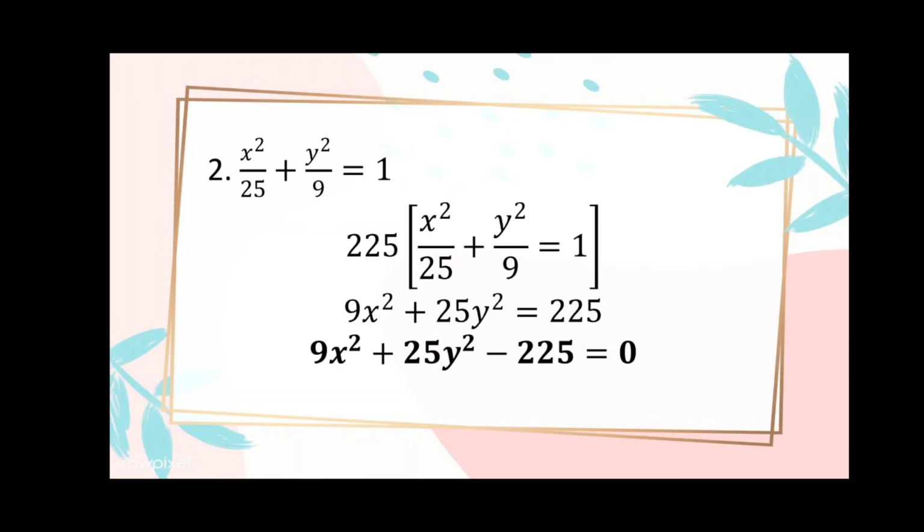So we have now 9x squared plus 25y squared is equal to 225. Next is to transpose the constant term from the right side to the left side of the equation. Finally, we have 9x squared plus 25y squared minus 225 is equal to 0.